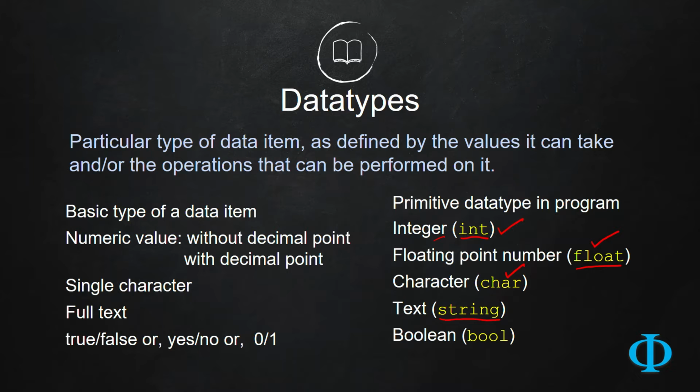When it is like that, we call it Boolean, and in a C++ program we denote it as bool. So these are all the primitive types of data available in C++: integer, whole number; floating point number, or float; character, char; text, string; Boolean, bool.